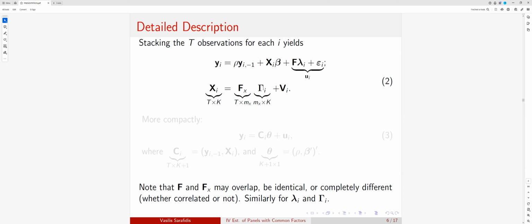Similarly, the factor loadings in X and the factor loadings in Y could overlap, they could be identical or completely different and correlated. Now, more compactly, we may introduce a new matrix C which contains both lagged values of y and x. This is of dimension T by k plus 1 with corresponding parameter theta, a vector of order k plus 1.